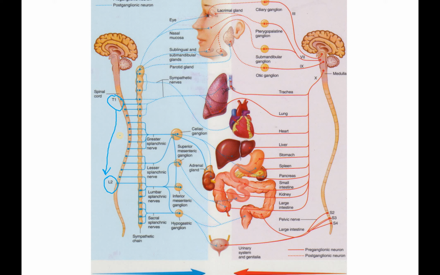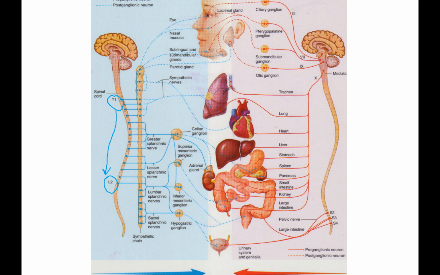This is where we find all of these sympathetics. Okay, and if you trace all these nerves, they go from preganglionic to the sympathetic chain ganglion, and then the postganglionic innervate everything in your body.